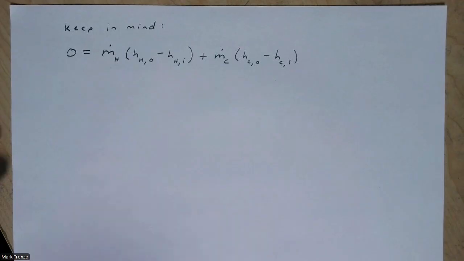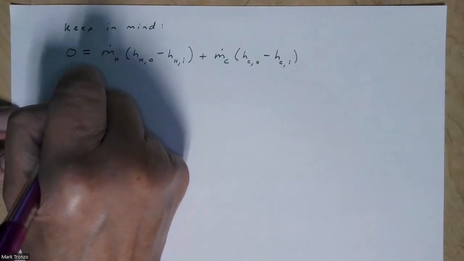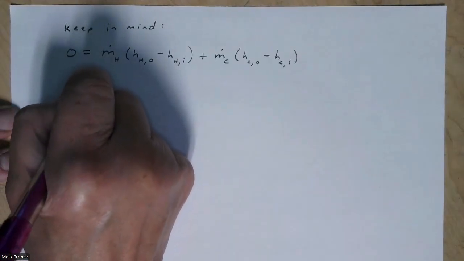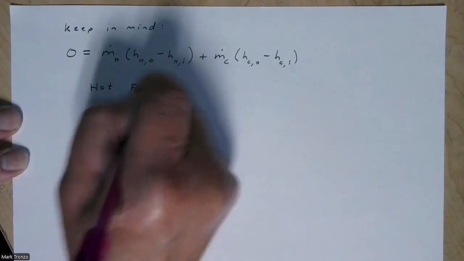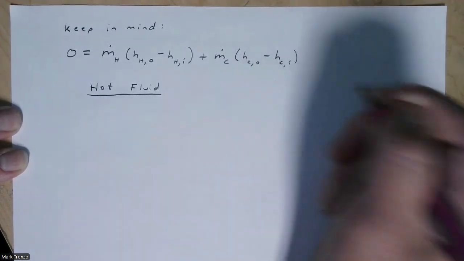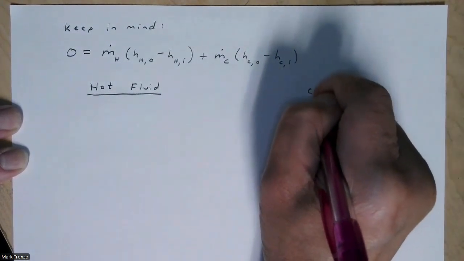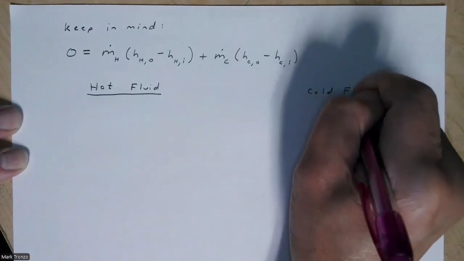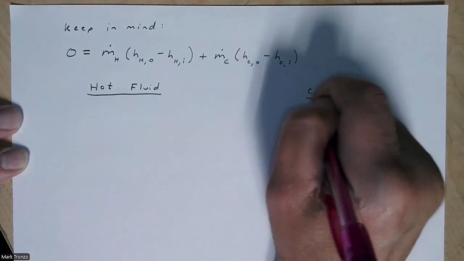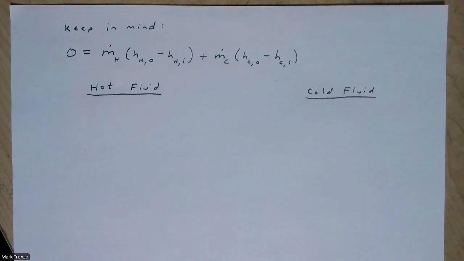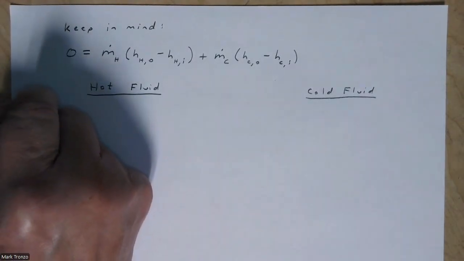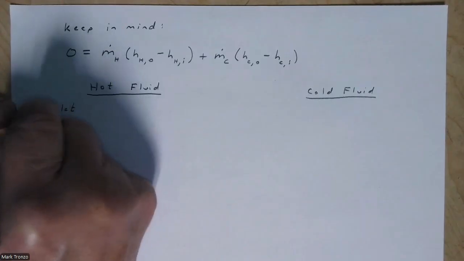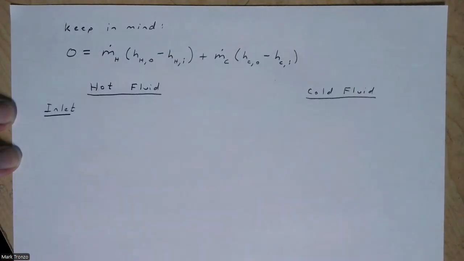And as before, what we usually want to do, we'll have maybe a couple of columns. We'll have the hot fluid, and then over here maybe the cold fluid. And now for the cold fluid, it's water, so it's a little bit simpler to set this up. But for the hot fluid, we should probably put an inlet, and we'll also put an outlet for that.